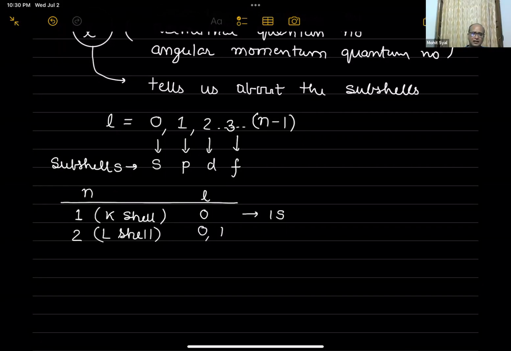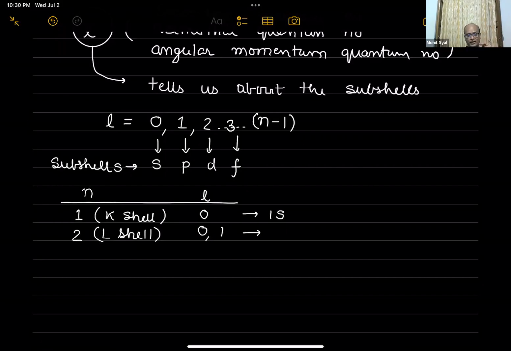So the value of L starts from 0 and goes up to n minus 1 for each specific n. Why is 0 added in the second shell? You will not be able to understand until I give you the mathematical functions, why you put 0, why you put 1, why not minus 1 and 1. That meaning is going to come only with the mathematical equation, which we are not going to do.